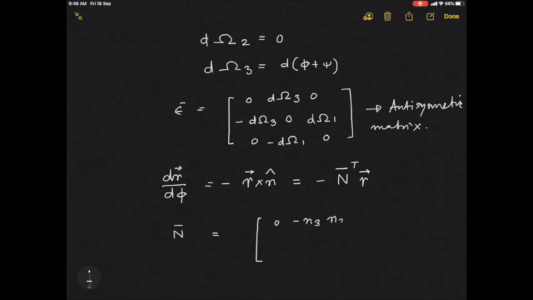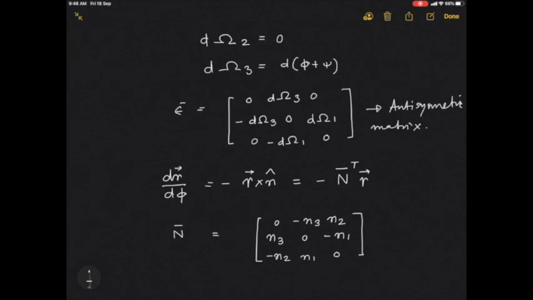I'm going a little fast here, but it is just because it is not very difficult to check. This is an antisymmetric matrix.